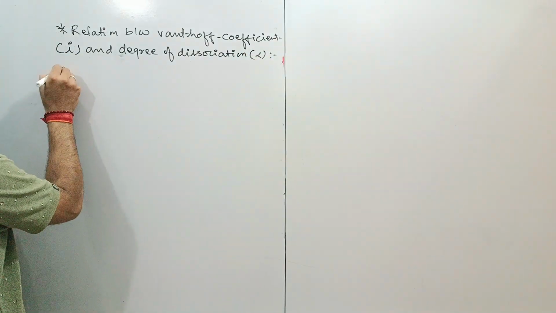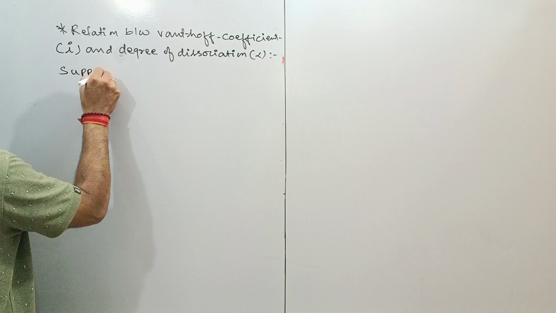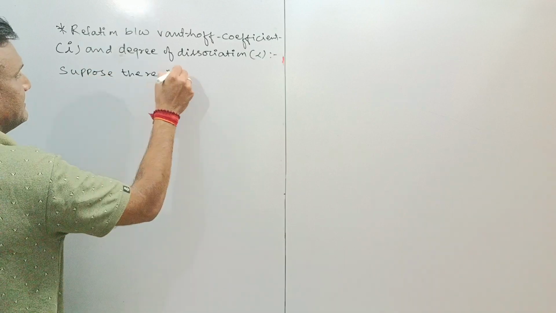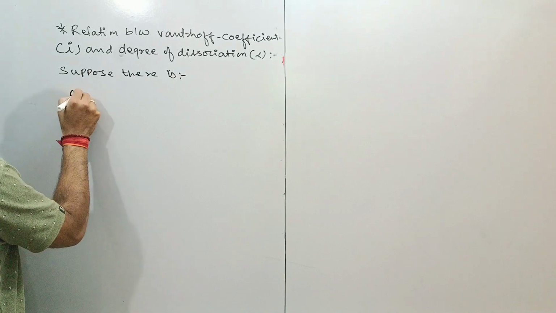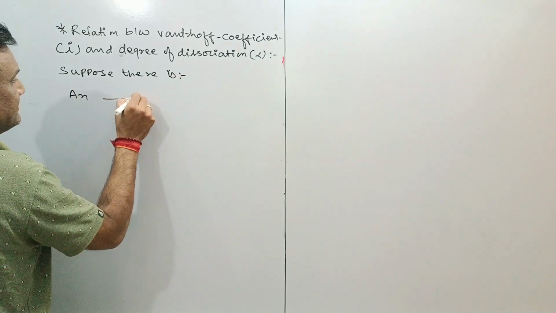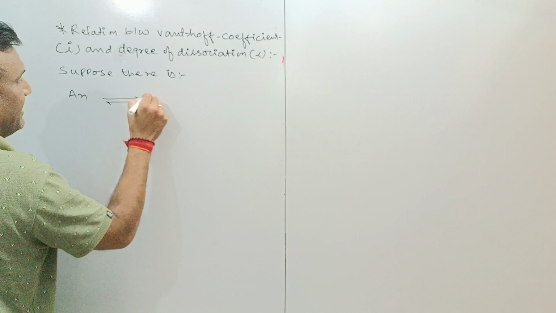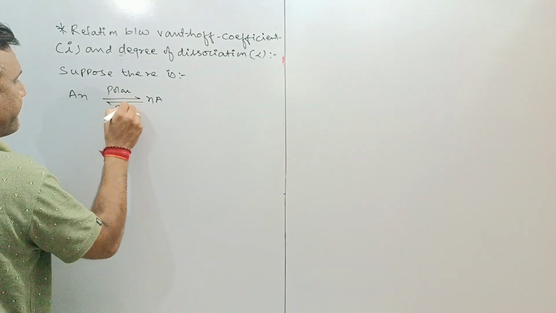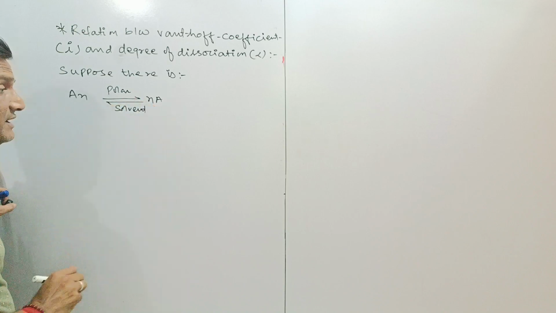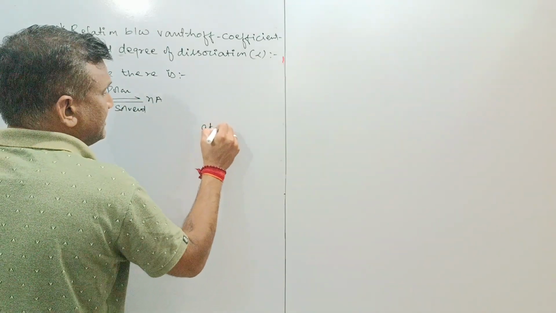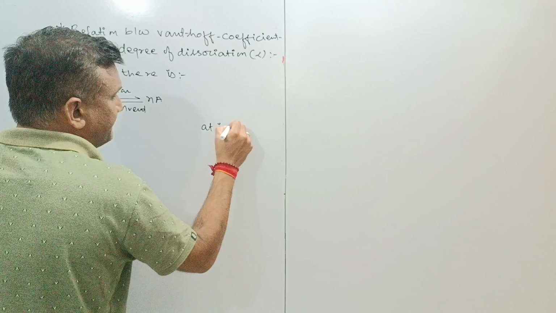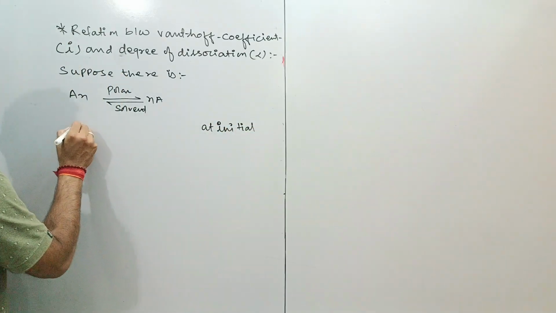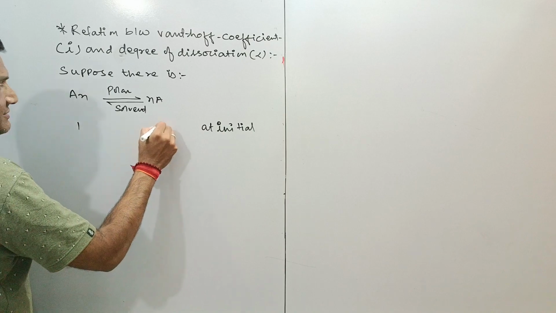Suppose there is an electrolyte, A of n which dissociates into n of A in the presence of polar solvent, and at initial there is 1 mole, then 0.